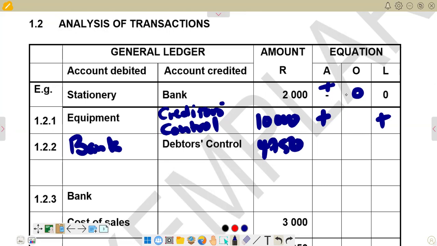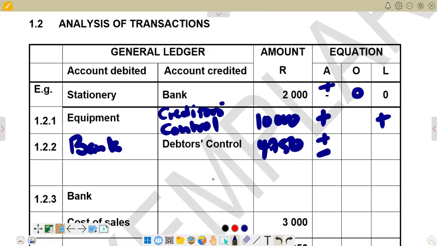On the effect on the accounting equation, we debit our bank, which is an asset, so we show it as a positive. We are also crediting debtors control, which is an asset again, but since we are crediting it, it's a minus. So we've got a positive and a minus, both assets.